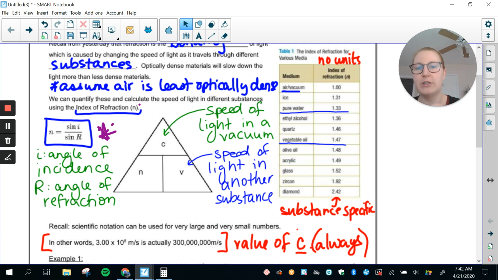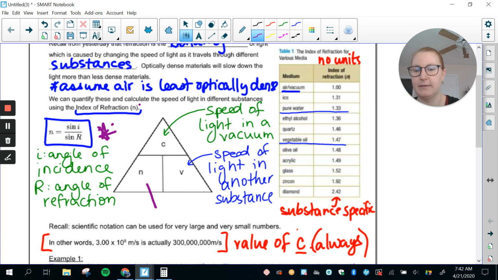We have n, which I mentioned previously. This is index of refraction. C is the speed of light in a vacuum. And a vacuum is not the vacuums that we have at home to clean up our house. A vacuum is essentially a space where there are absolutely no other particles.